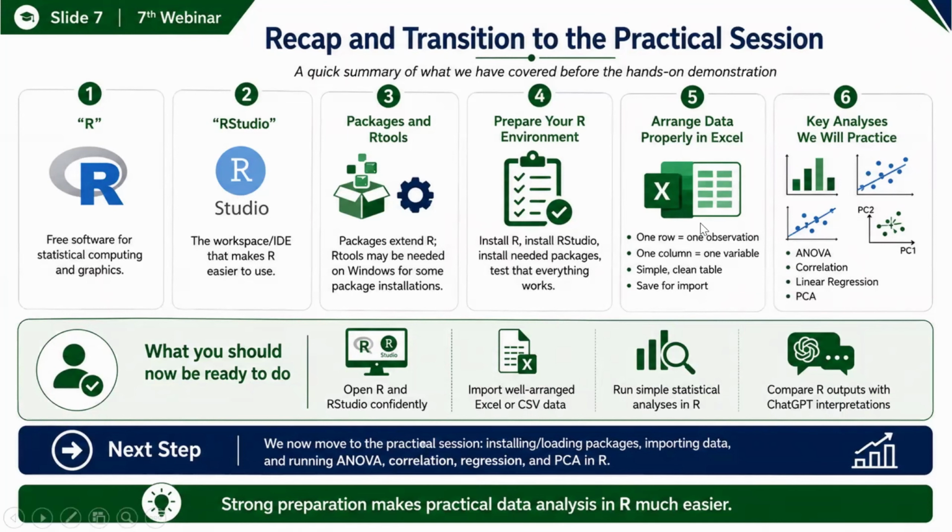Fifth, we saw that we have to arrange our data properly before it can be imported into R. One row equals one observation, one column equals one variable. Use a simple, clean table, and save it for import, either as XLSX or CSV.